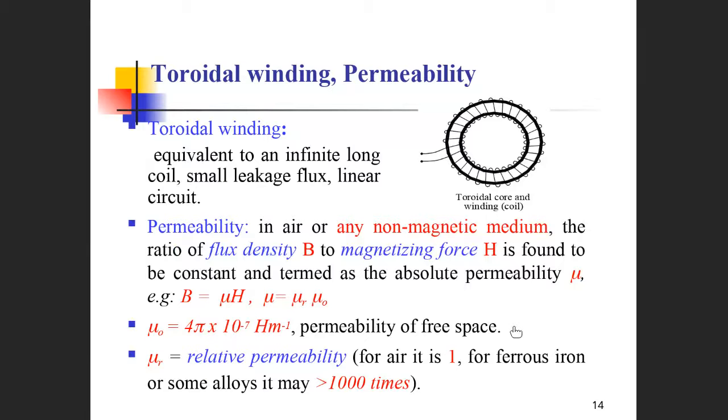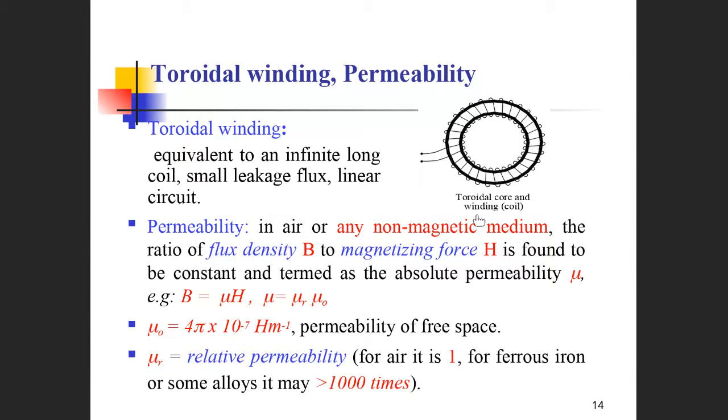In practice, in many cases, we use ring coils, that is toroidal coils, like this. We use a ring core, a toroidal core, and a winding. The turns are wound on it.